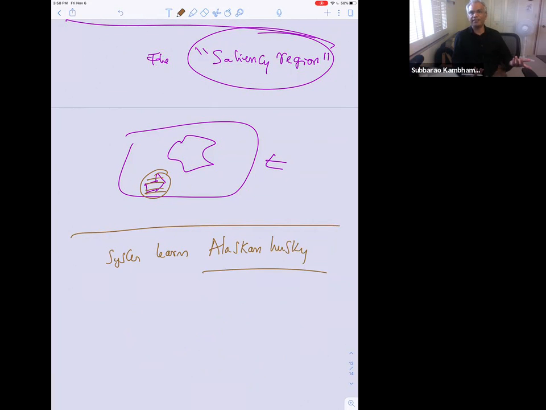Wow, that's pretty impressive. That's what they've been telling me, that AI is impressive. Then you ask, tell me which part of this dog made you think it's an Alaskan Husky? That means, just show me the pixels that were more important for your decision.